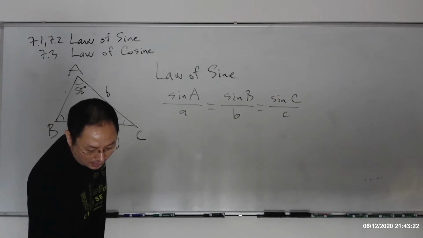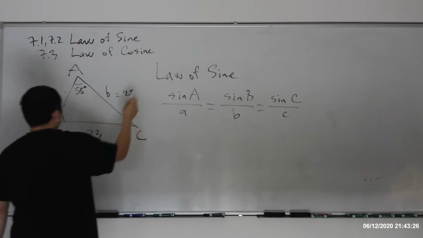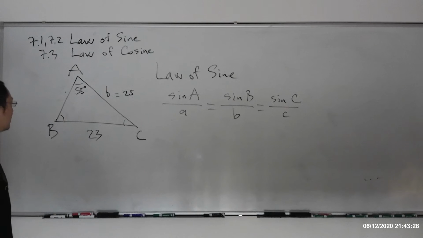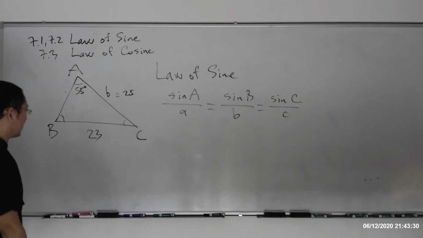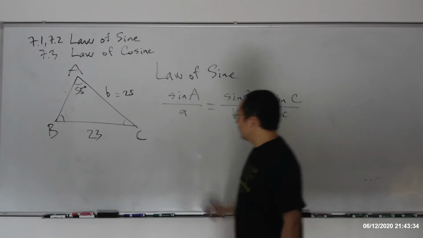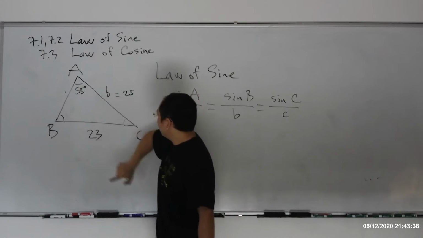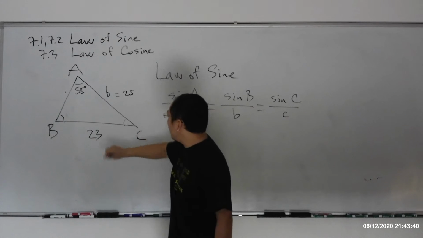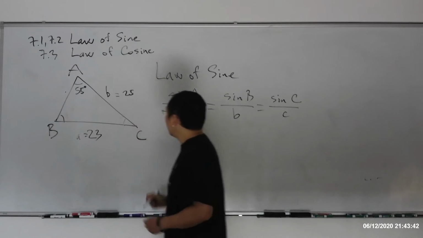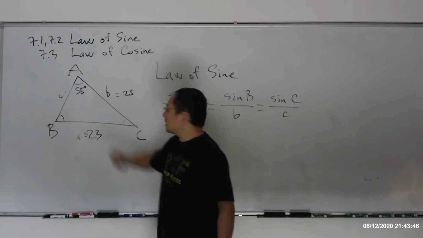And then side B is equal to 25. Now I'm giving you two sides and one angle, and I'm asking you to calculate the rest. We're going to use the law of sine to solve this triangle. Okay, so I know the angle A, I know the side A, and I know the side B. I need to calculate the angle B, the angle C, and then the side C.